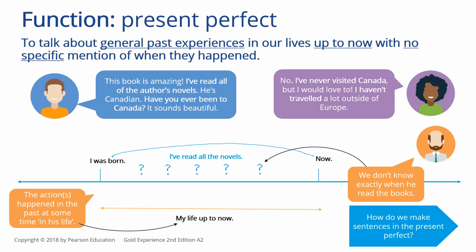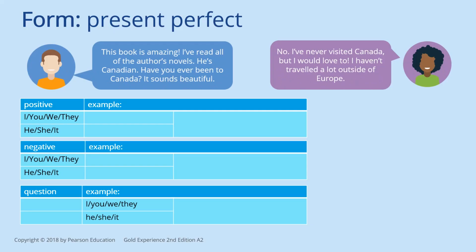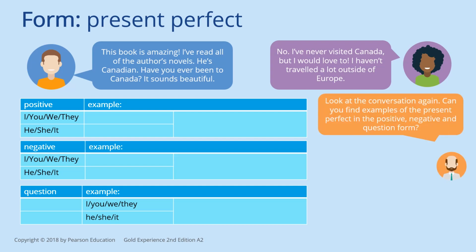Now, how do we make sentences in the present perfect? Look at the conversation again. Can you find examples of the present perfect in the positive, negative, and question form?